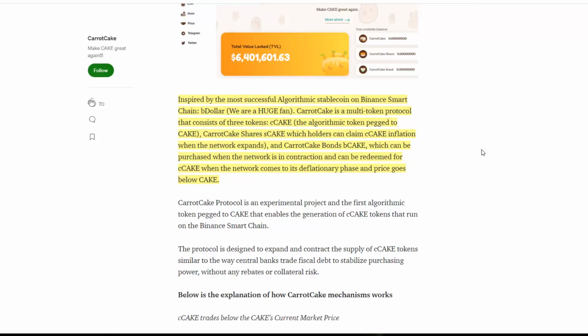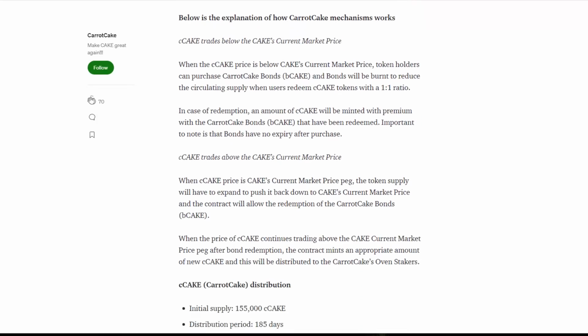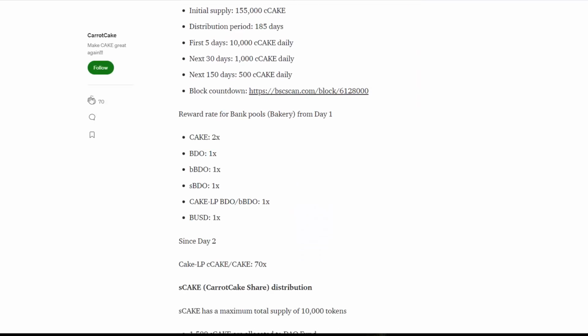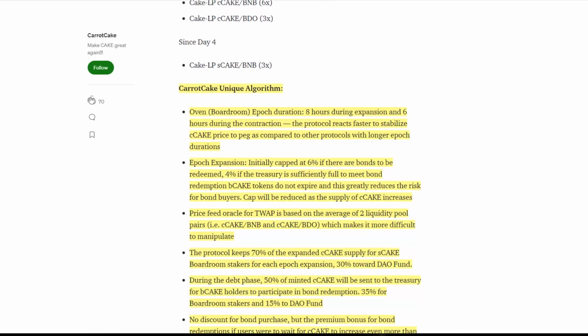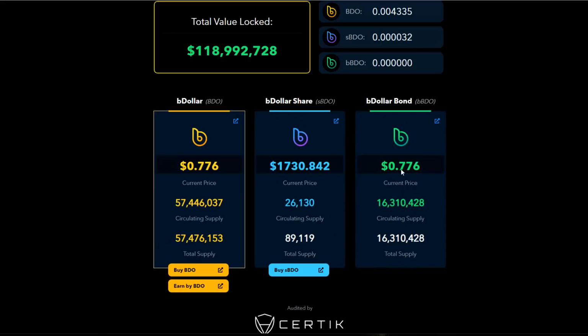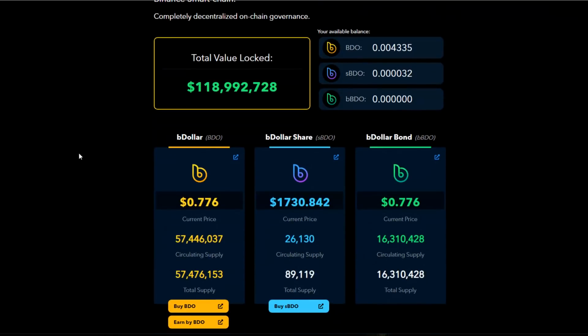Okay, which can be purchased when the network is in contraction and can be redeemed for CarrotCake when the network comes to its deflationary phase and the price goes below cake. So this is a little bit about how that works, but if you're familiar with bDollar, you'll know this is how it works. Okay, very bDollar here. So go back and watch my videos on bDollar if you haven't seen how this protocol works.